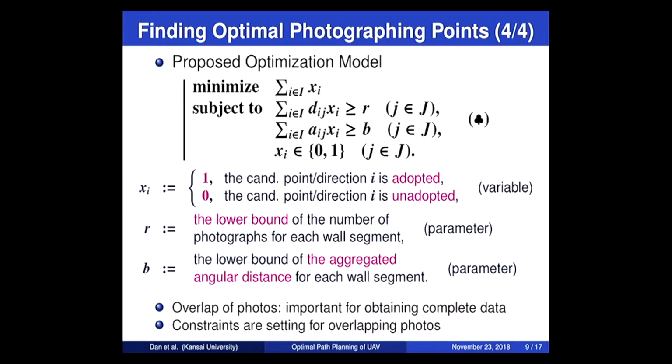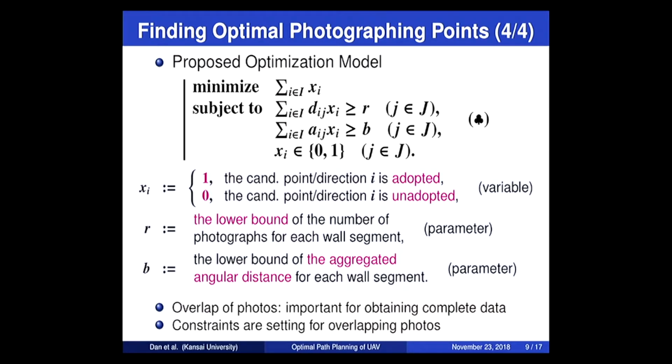Also, this first constraint deals with the lower bound of the number of photographs for each wall segment. It means that each wall must be photographed R times at least. And the next constraint is about the lower bound of the sum of the angular distance for each wall segment.